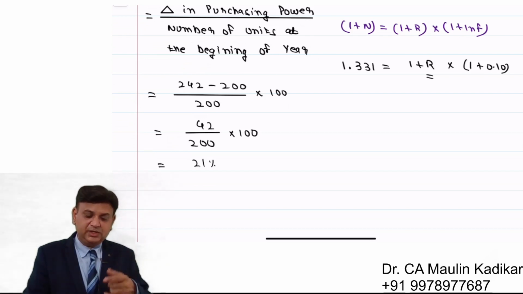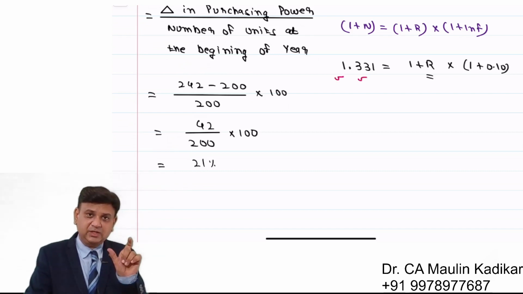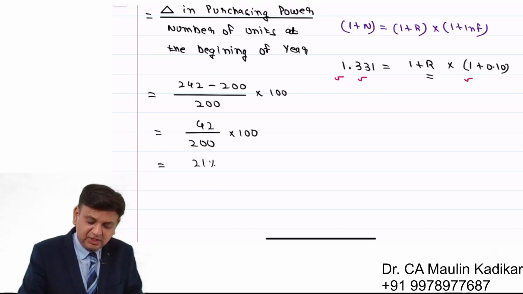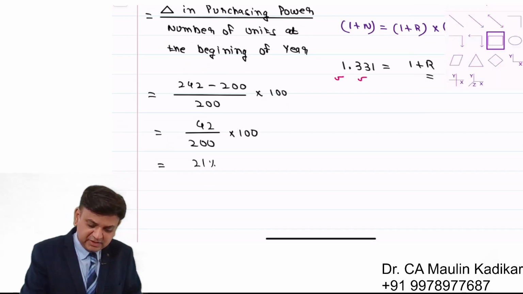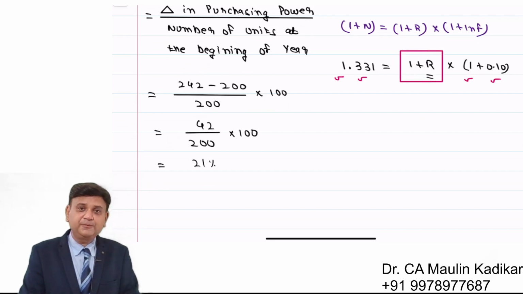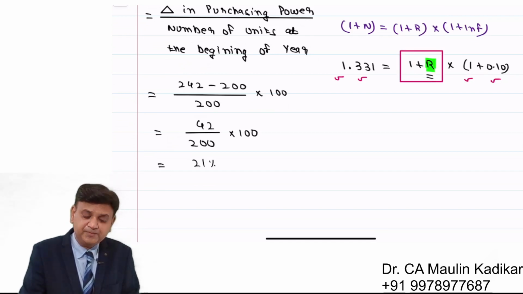I repeat my explanation. Investment of 1 rupee today becomes 1.331 at the end of the year. By that time, the product which has a value of 1 rupee becomes 1 rupee 10 paise at the end of the year. So the rate at which the purchasing power of the funds increases is required to be found as a balancing figure.